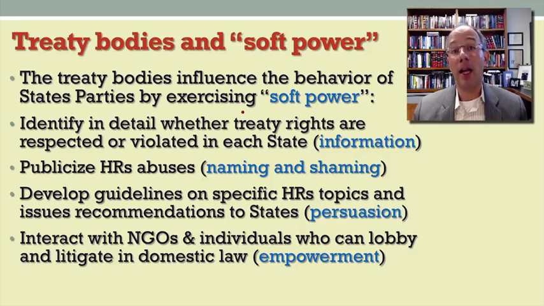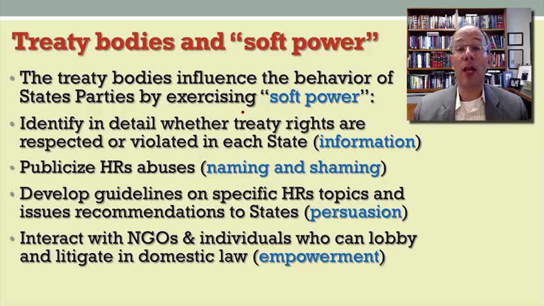They identify in detail whether a treaty party is respecting or violating a particular international norm. They publicize human rights abuses. That's a form of naming and shaming that we mentioned in the lecture on international relations theory. They develop guidelines on specific human rights topics and issue recommendations to states both individually and collectively that might persuade them to change their behavior.